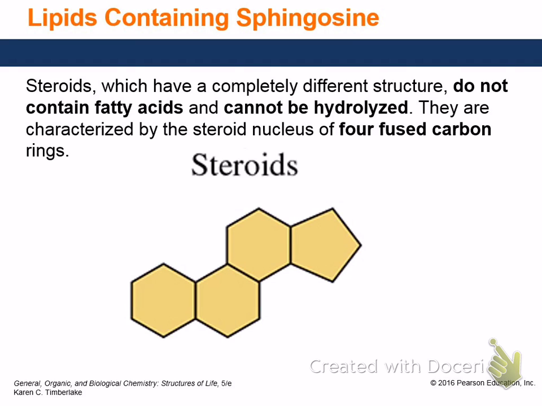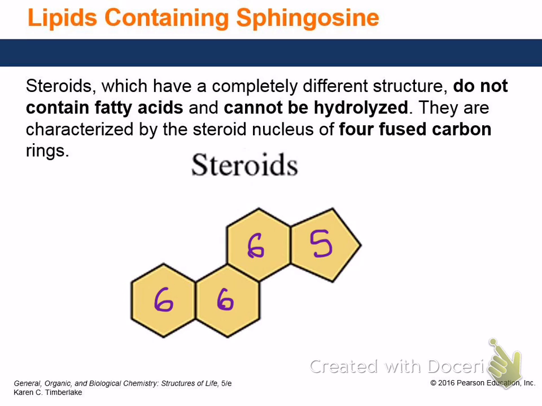So steroids, I don't know why it says lipids containing sphingosine at the top. That shouldn't say that up there. Steroids contain this four fused ring system. And if you look at the number of carbons, it's relatively easy to remember. This is 6, and this is 6, and this is 6, and this is 5.